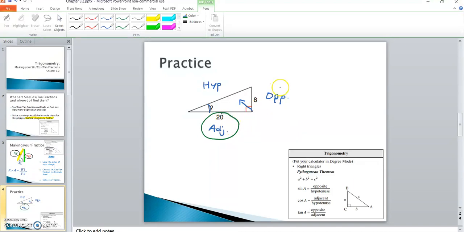So I've got the adjacent and I've got the opposite. Then I'll look on my formula sheet and try to find the one with the opposite and the adjacent. So what I want you to do at this point is pause the video and try to figure out which of the fractions has the opposite and the adjacent.